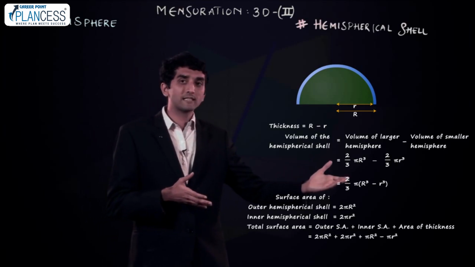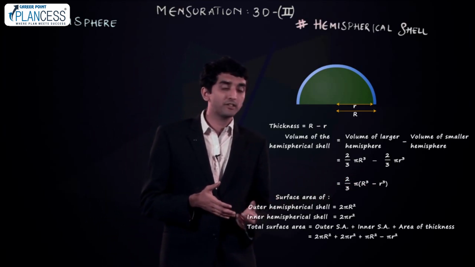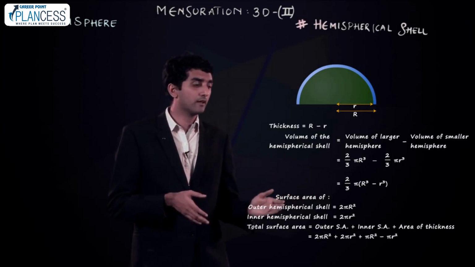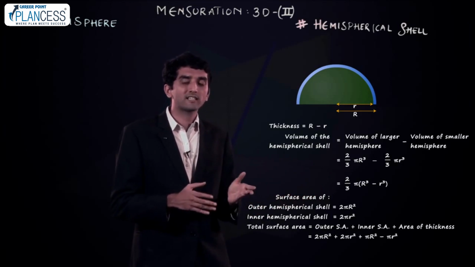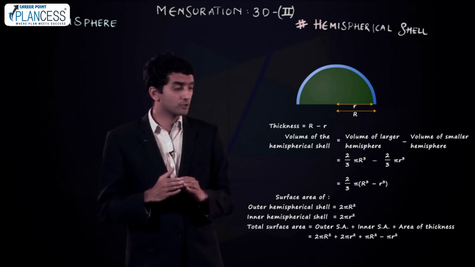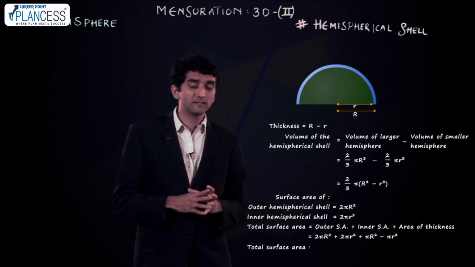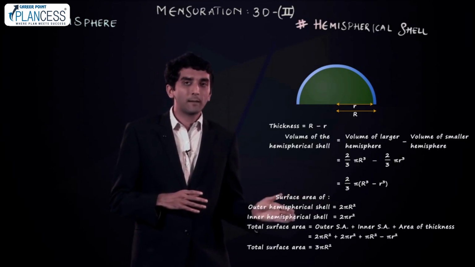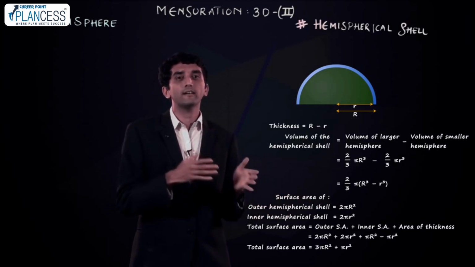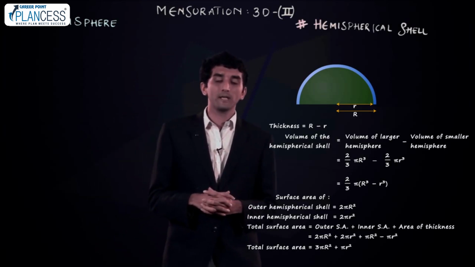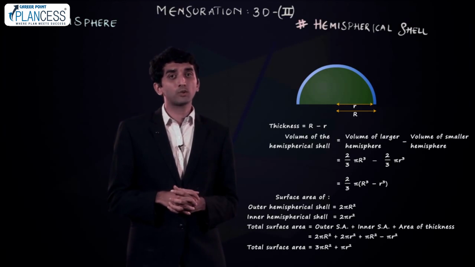So when we look at this total surface area in its entirety, it is 2 pi capital R square plus 2 pi small r square plus pi capital R square minus pi small r square. So simplifying this, you will get the TSA or the total surface area as 3 pi capital R square plus pi small r square.